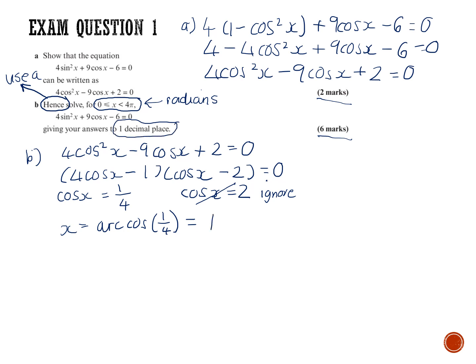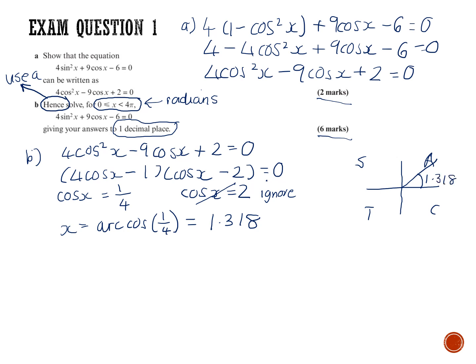So when I write it down, I would leave it as a few decimal places just to make sure I don't round it too much. Okay, so that is one answer. Okay, well, it would be 1.3 to 1 decimal place. We're going to now use our cast diagram, okay, to get another answer. C, A, S, T. Here is my angle, my 1.318.